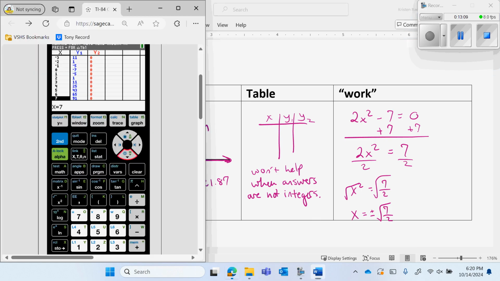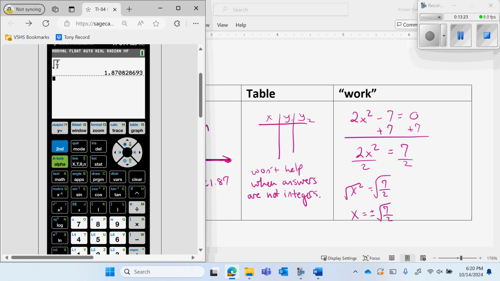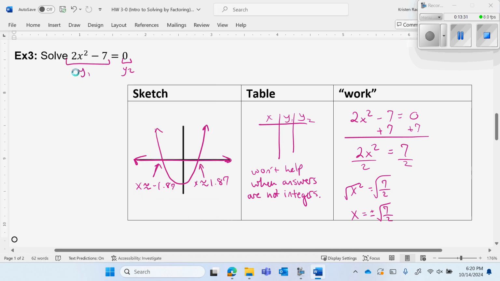So let's actually put it in the calculator and evaluate. We have the square root of 7 over 2. If you hit enter, you're going to get 1.8708, and so on. That's the exact same thing that the calculator told you.